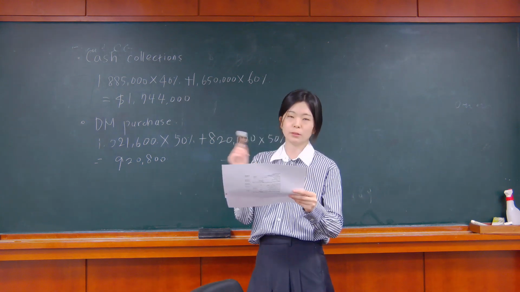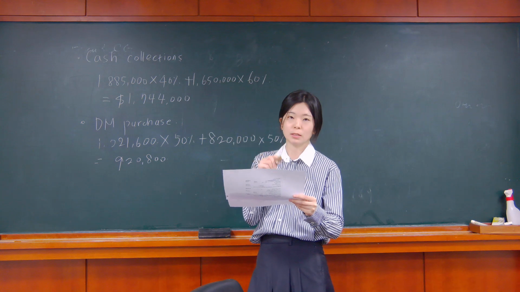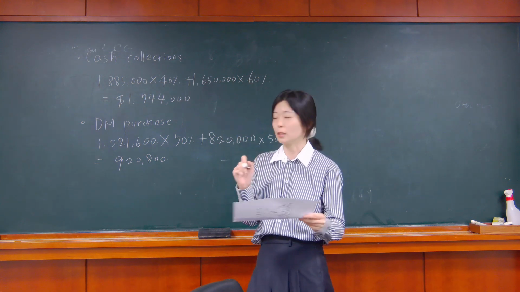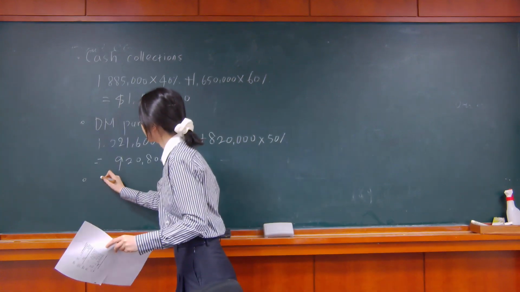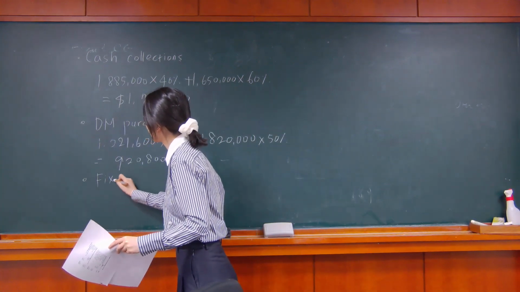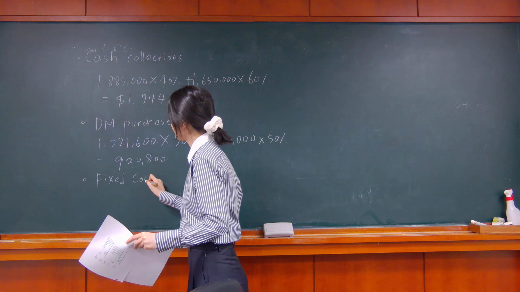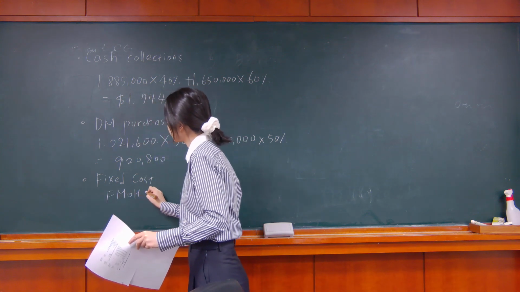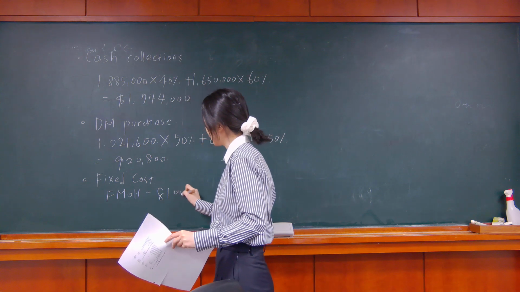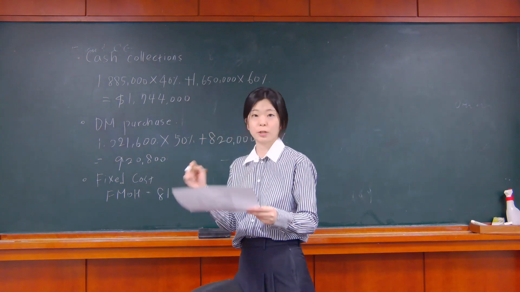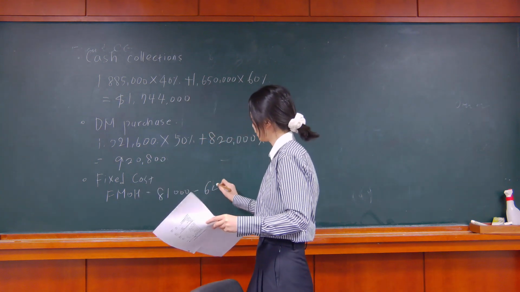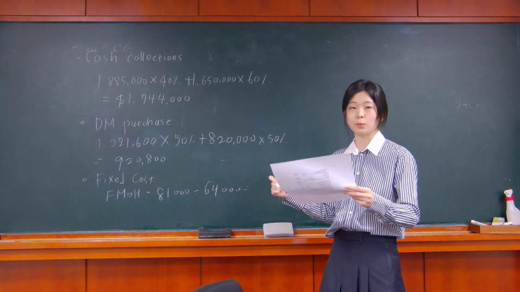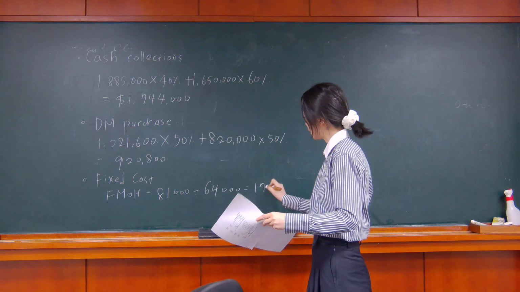So if you recall from chapter 6-42, the fixed manufacturing overhead was $81,000. So out of this 81,000, we need to subtract 64,000 to reach the fixed MOH we pay in cash, so 17,000.